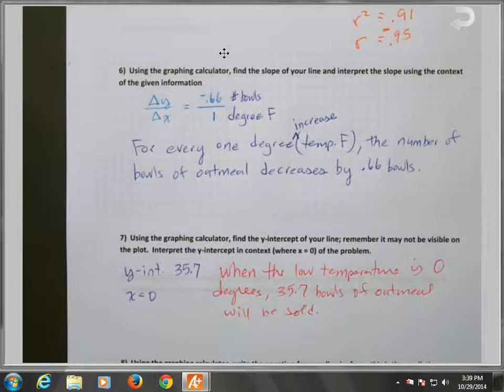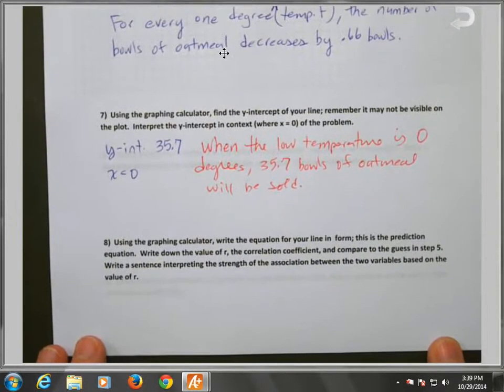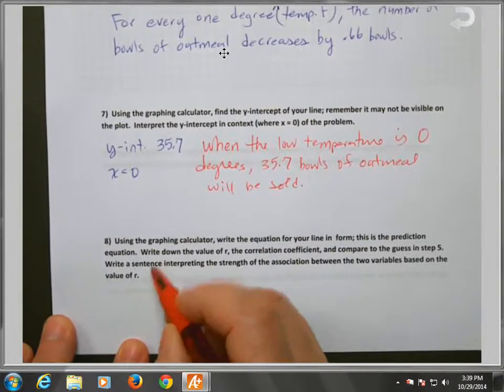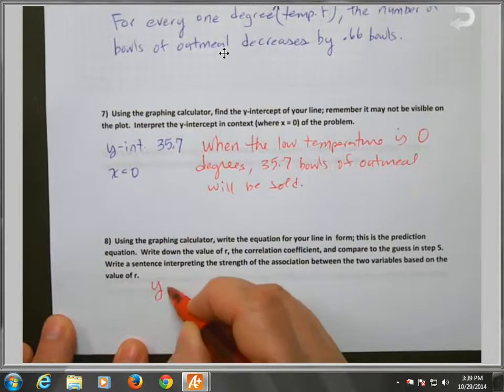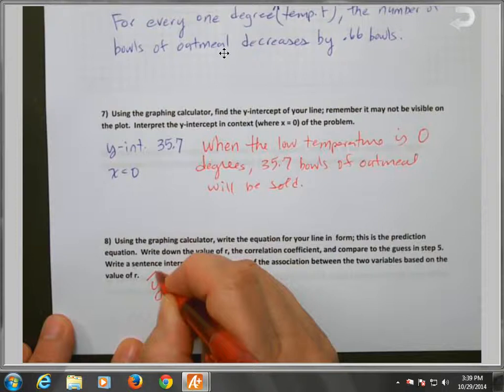Alright, the last step in this lesson today is step 8, and again, using the graphing calculator, first of all, we want to write the equation for the line in the prediction equation. I think I must have typed that wrong there. So remember that our equation is in y equals ax plus b form, but y for our prediction equation has a hat and is referred to as y hat.